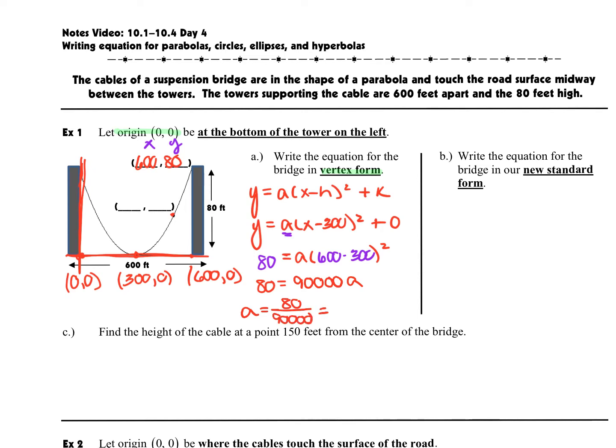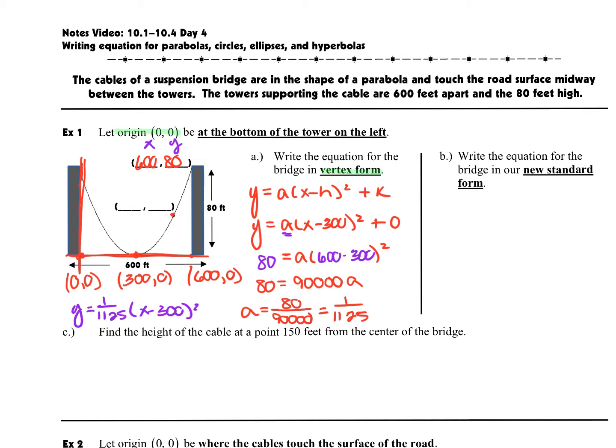And on this one, it beautifully reduces to 1 over 1,125. So we could write the equation for this parabola as y equals 1 over 1,125 x minus 300 squared.